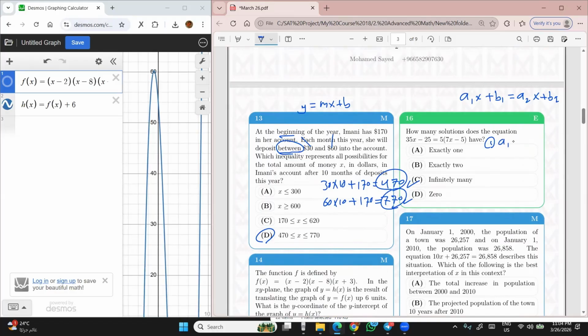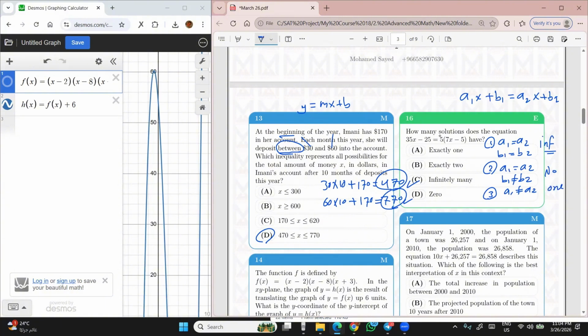If a1 is equal to a2 and b1 is equal to b2, this has infinitely many solutions. This is the first case. Second case, if a1 is equal to a2, but b1 is not equal to b2, here we have no solution. And the third case, when a1 is not equal to a2, no need to search for b. In this case, we have one solution.